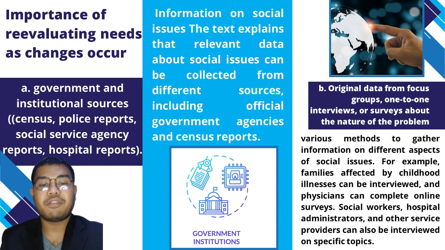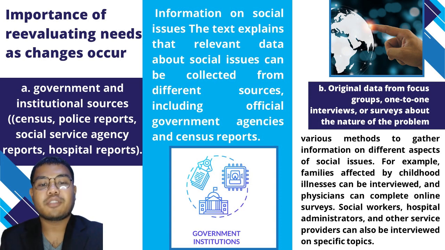First, we have government and institutionalized sources. It includes the census, the police reports, the social service agency reports, and hospital reports. The relevant data about social issues can be collected from different sources, including official government agencies, as I've mentioned.